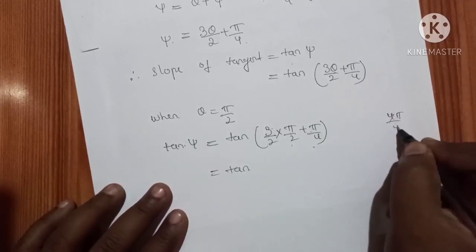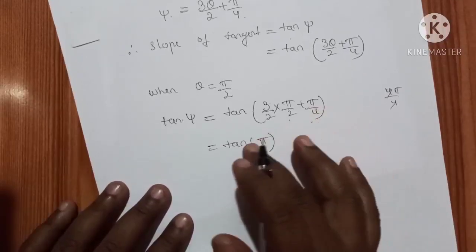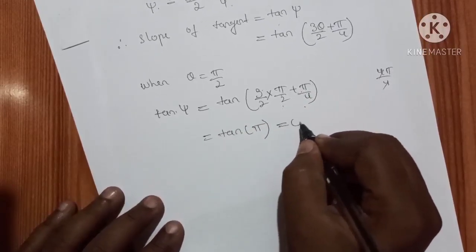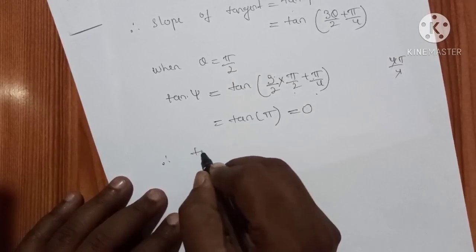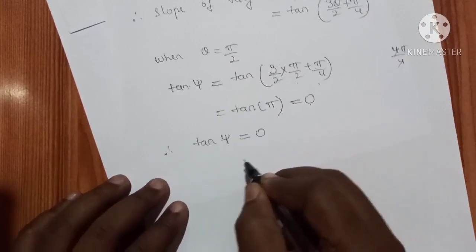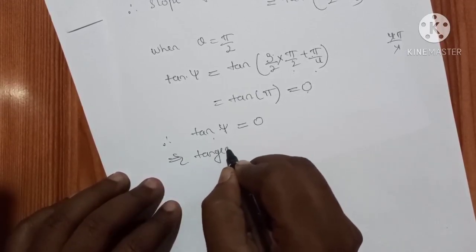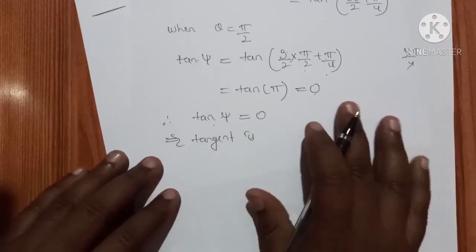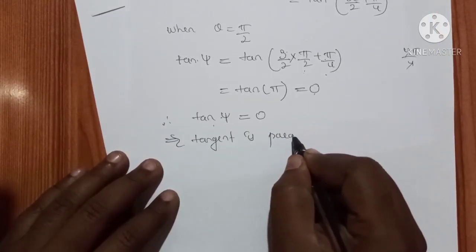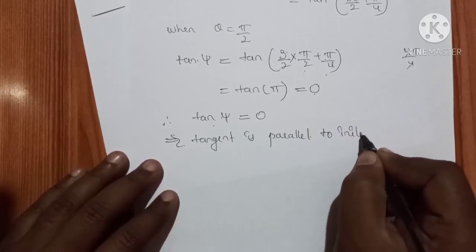So 4 gets cancelled, we get tan of pi. So tan of pi is equal to 0. Therefore tan of psi is 0, which implies that the tangent is parallel to the initial line.